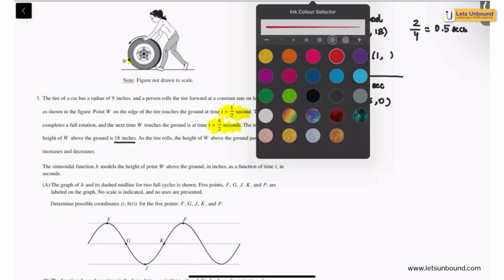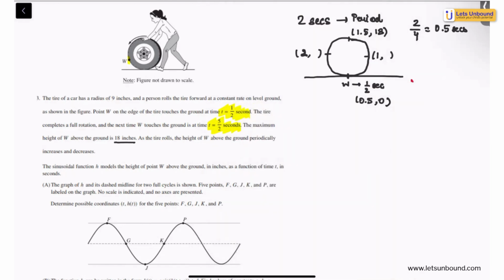What would be the height at this point of reference? Since the radius of the tire is 9, the height at these 2 points will also be 9. The maximum height, explicitly mentioned in the question as 18, is also the diameter of the circle.